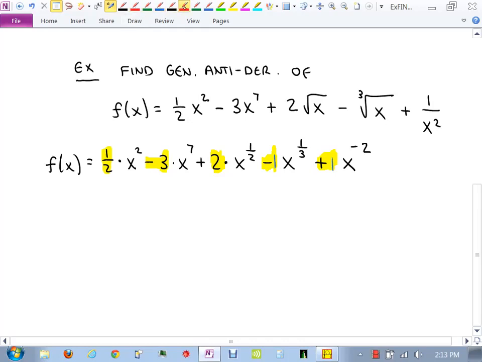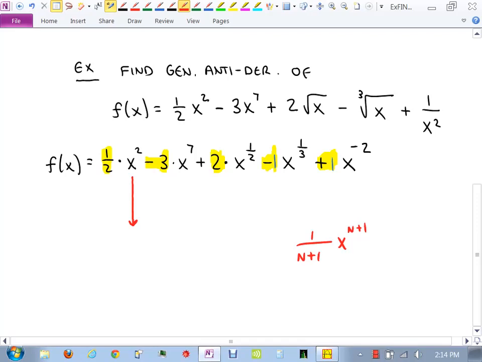So let's just focus right now on x squared. What's the antiderivative of x squared? Use the formula that we just got. Careful. Remember the formula is 1 over n plus 1, x to the n plus 1. So n for us for x squared is 2, right?